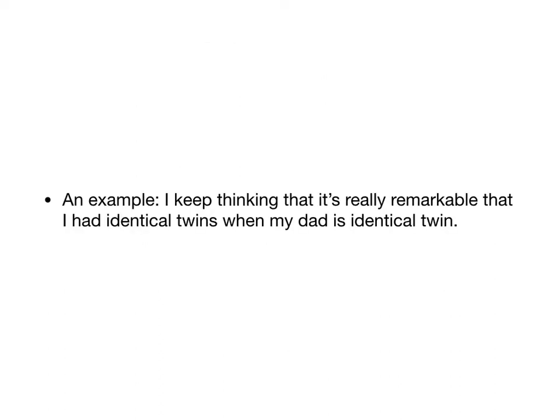I keep thinking, well, it's really utterly remarkable that I had identical twins when my dad is an identical twin. I catch myself thinking, well, man, what are the chances that these two unlikely things would happen?